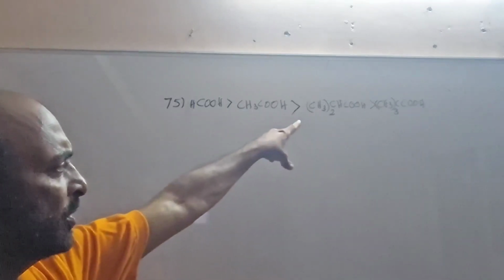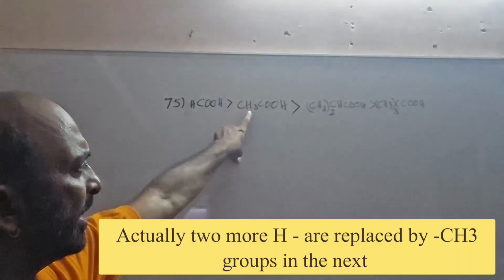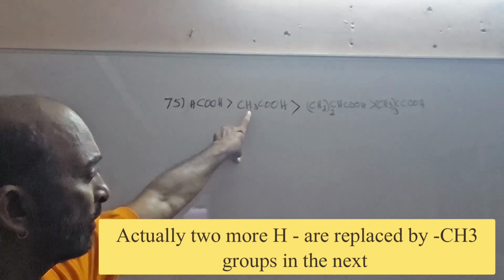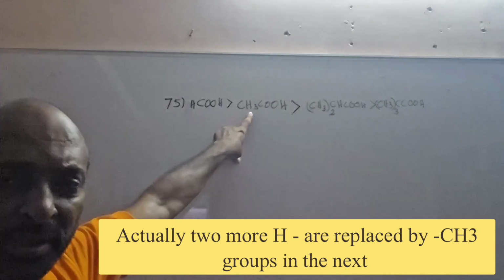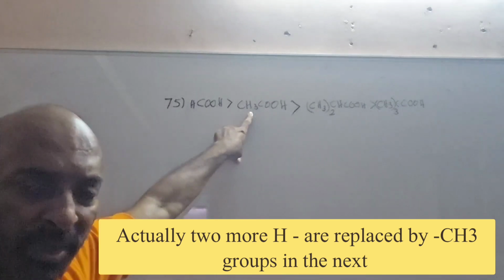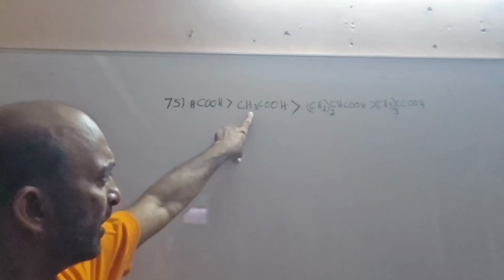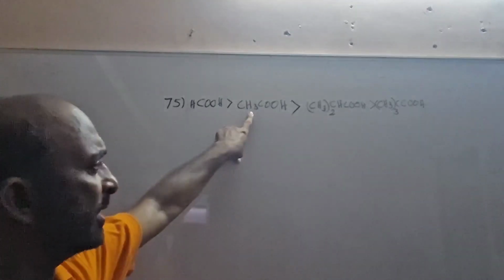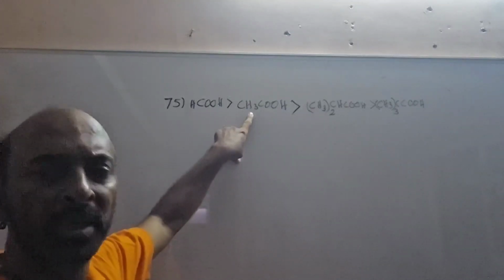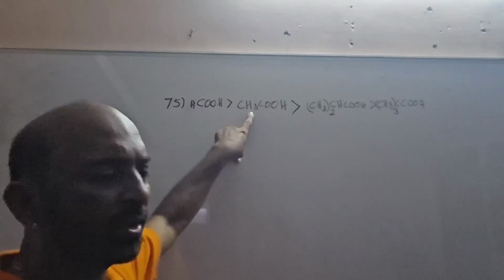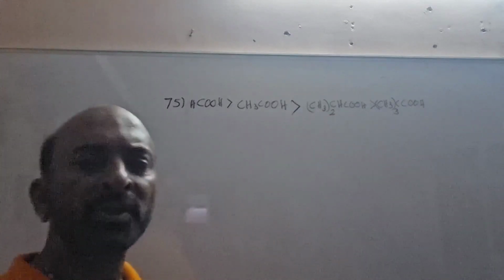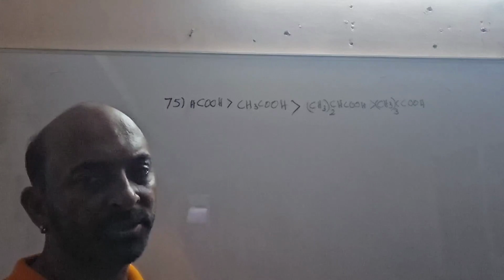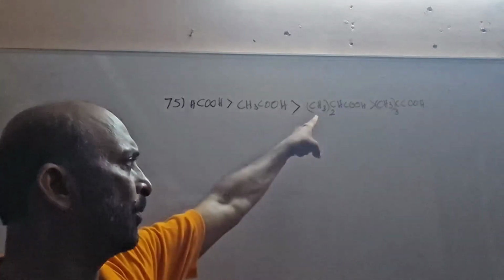Now we have substituted one more hydrogen using a methyl group, isn't it? So the electron releasing tendency of the alkyl group increases even more, and so the proton releasing tendency of the COOH group still diminishes in 2-methyl propanoic acid.